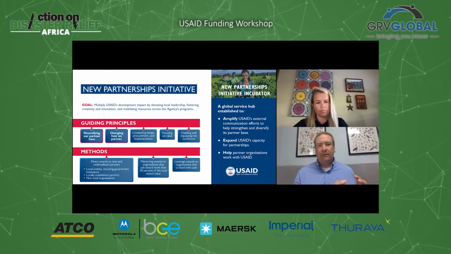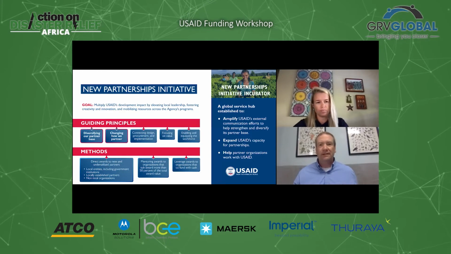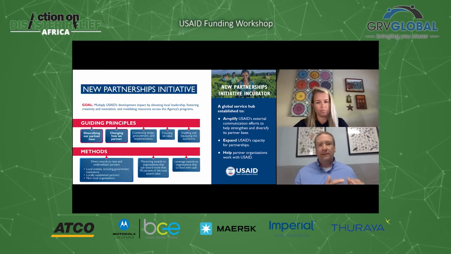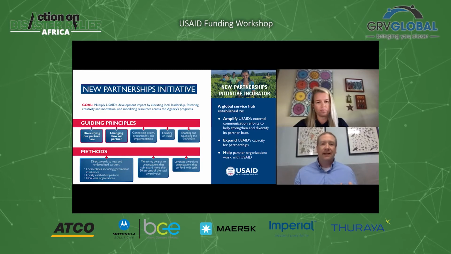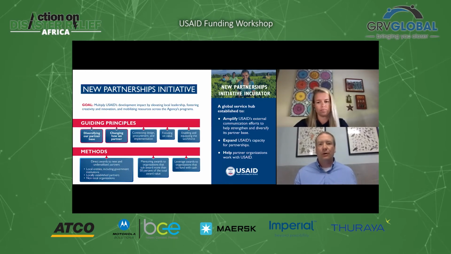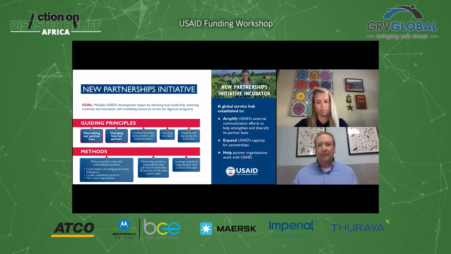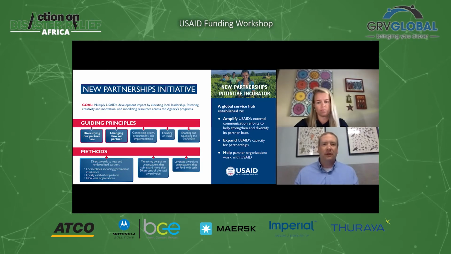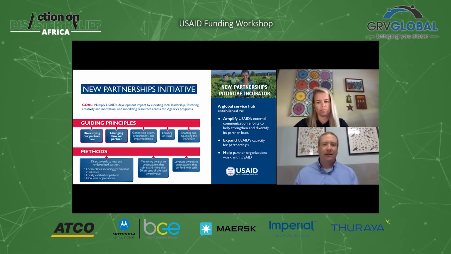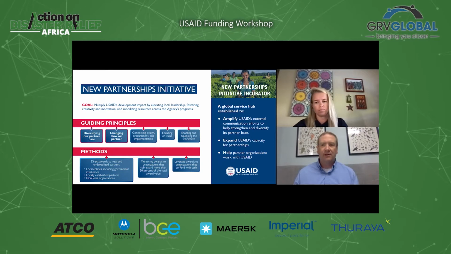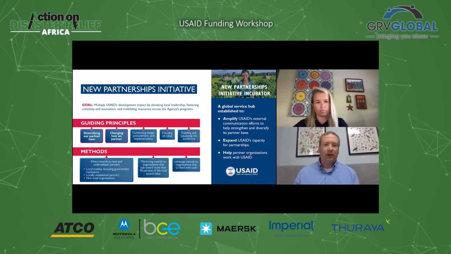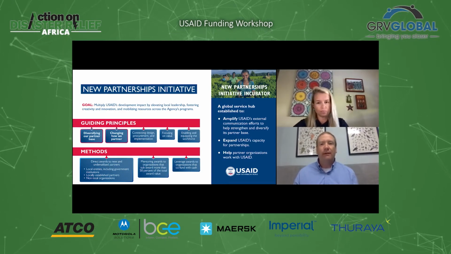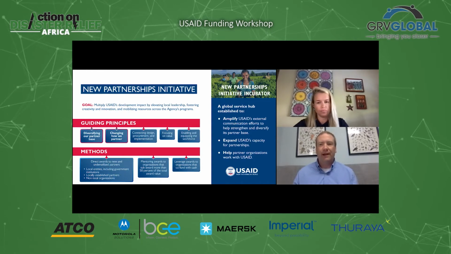First, with the new partnerships initiative, if you're an organization that's new to USAID, we have specific funding opportunities set up for organizations that are new or underutilized to USAID. We classify a new organization as one that received less than $5 million over the last 5 years, and an underutilized partner as one that received less than $25 million from USAID over the last 5 years.